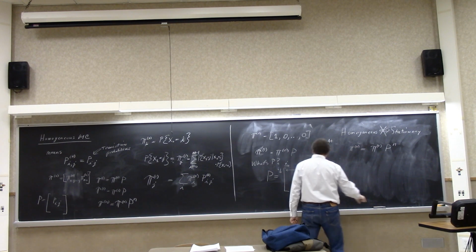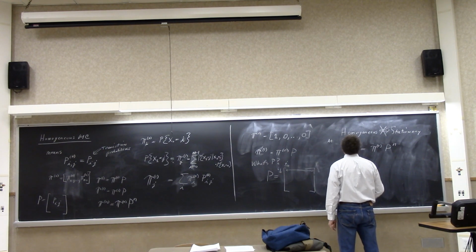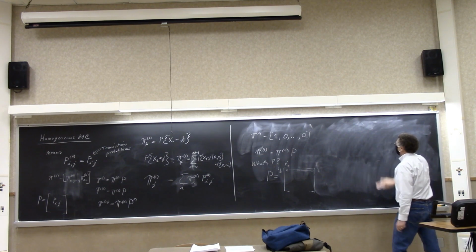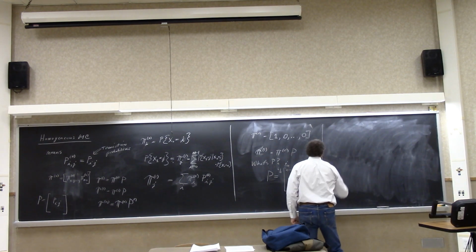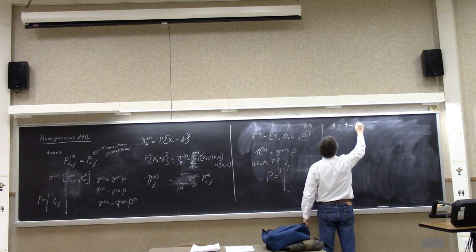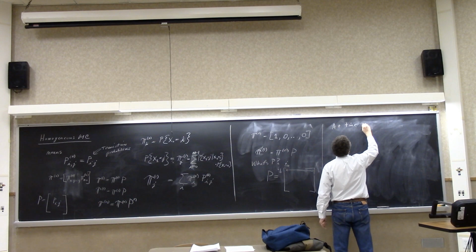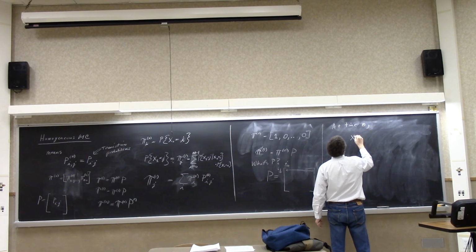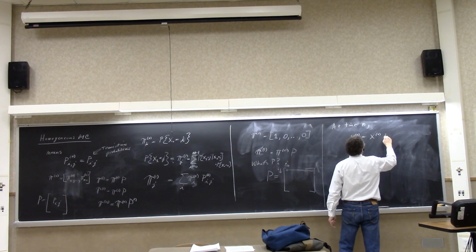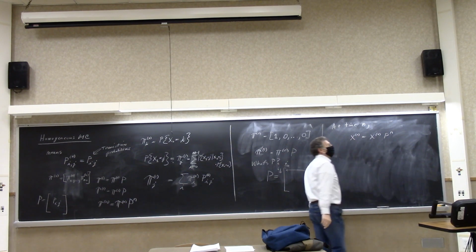This is so important, I'm going to erase this and write it up here, because it's super important. At time n, x n is equal to x 0 times p to the n, right?